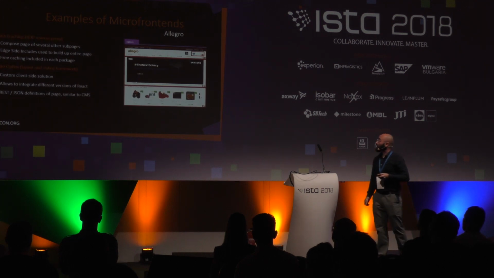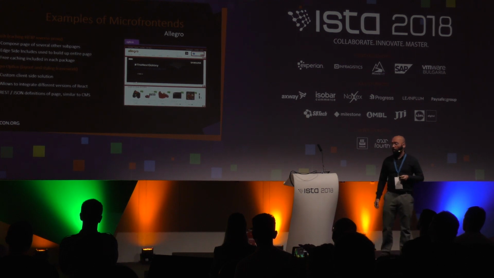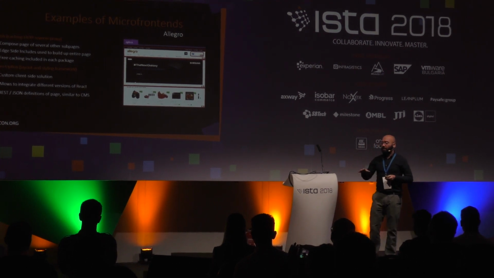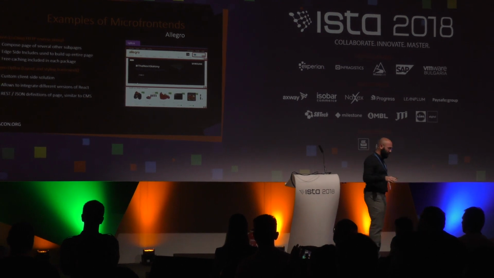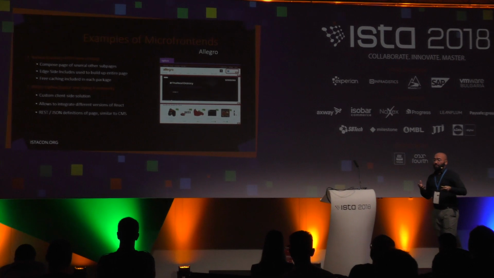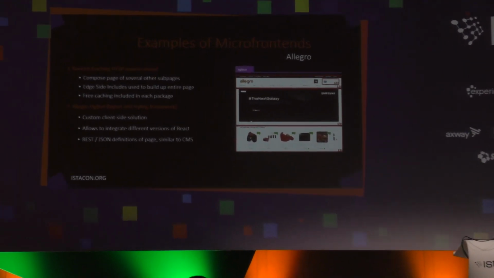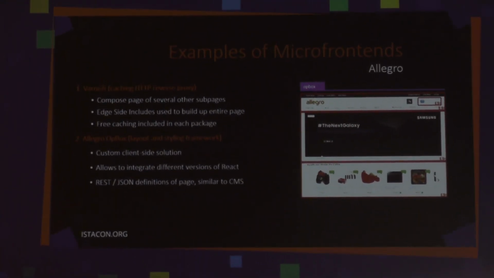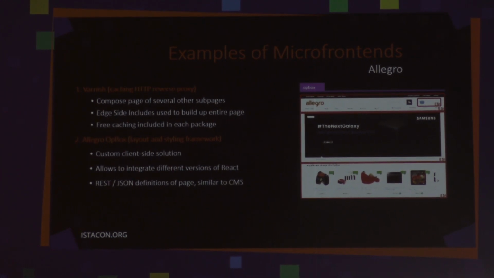Another example that I've come to is the Allegro OpBox. Here is this Varnish server that I mentioned. It's the server-side includes server. It does this binding on the backend for you, getting all the different pages and putting them together.